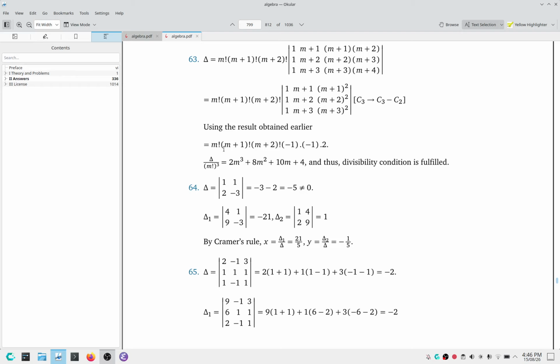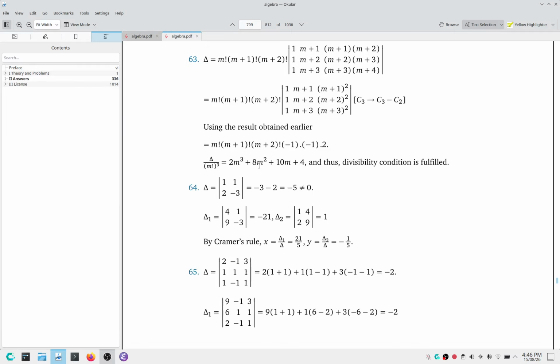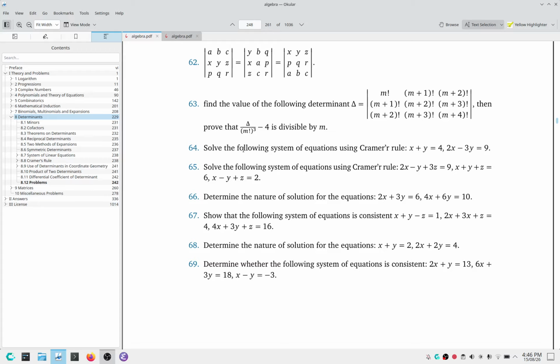We have the result as m factorial, m plus 1 factorial, m plus 2 factorial times minus 1 into 2. Once we have that, we know that delta upon m factorial cube is equal to 2m cube plus 8m square plus 10m plus 4. And so you see, minus 4 is subtracted, it is divisible by m.